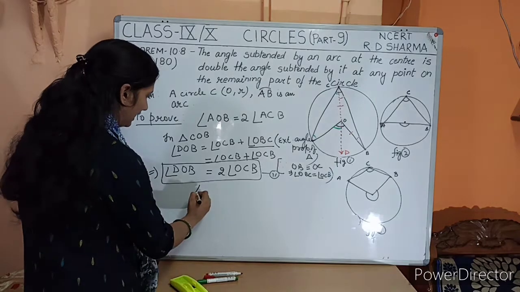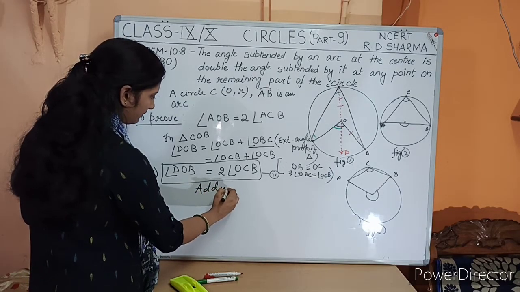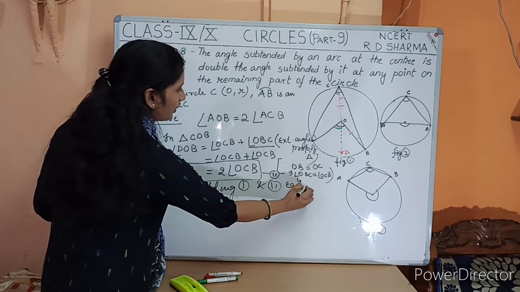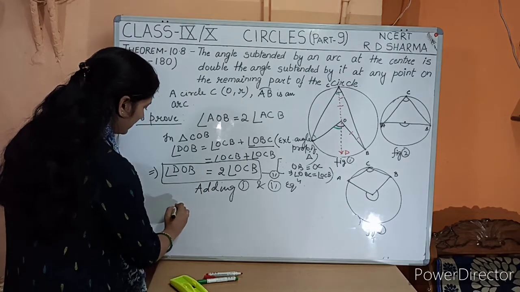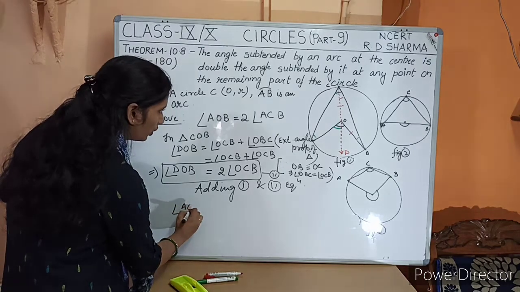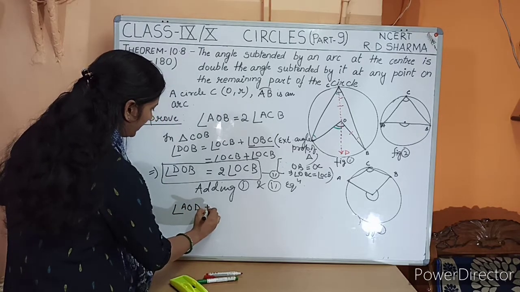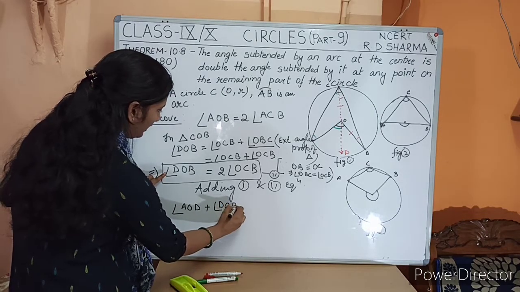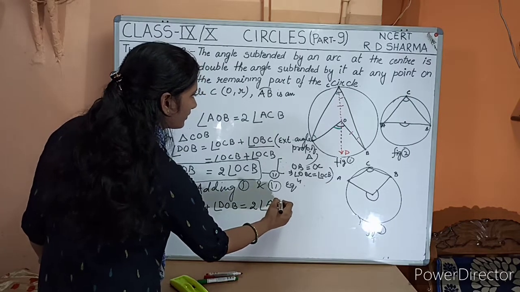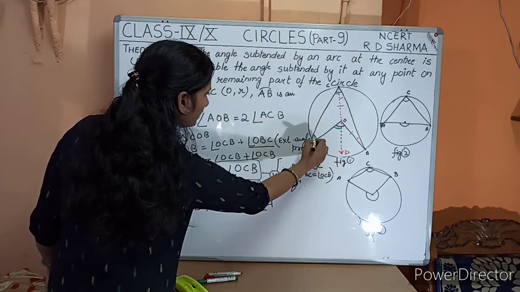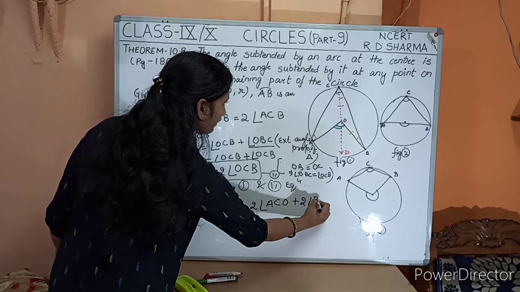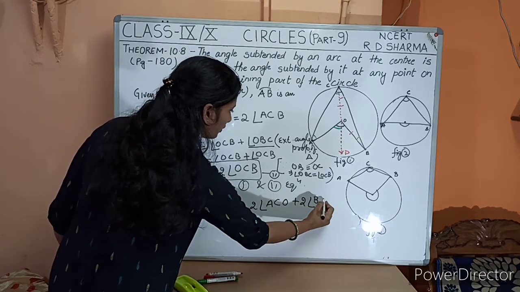So now we are going to add the first and second equation. What was there in the first equation? Angle AOD plus angle DOB must be equal to twice of angle ACO plus twice of angle BCO.